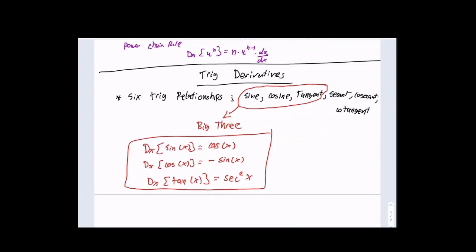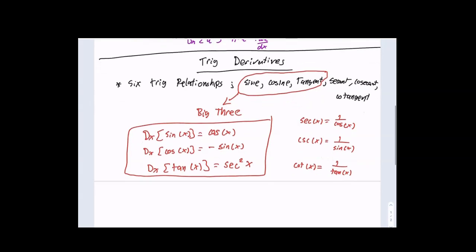Now, it should be noted that secant of x is the same thing as 1 over cosine of x, the reciprocal of cosine of x. Cosecant of x is the reciprocal of sine of x. And cotangent of x is the reciprocal of tangent of x.